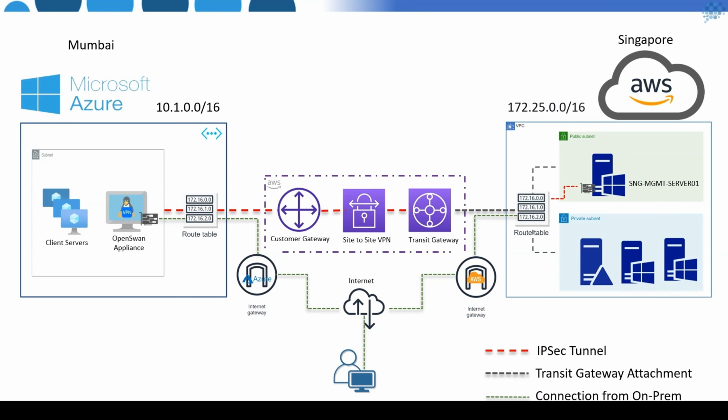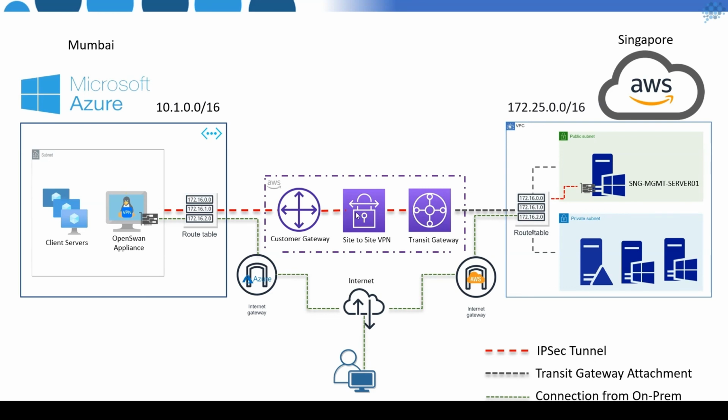And once it's done, next we created a customer gateway using the public IP of this OpenSwan. Next, we created the site-to-site VPN connection using the customer gateway.